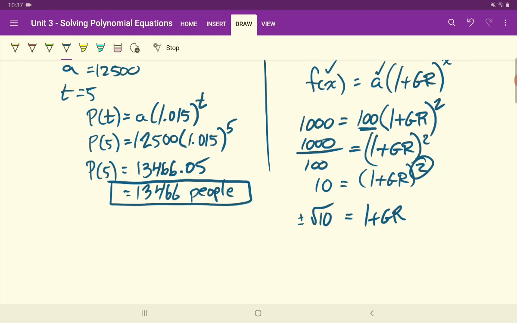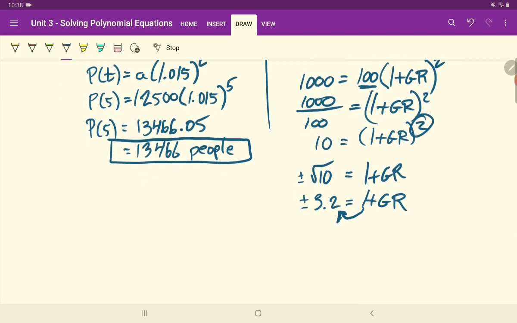So if we take the square root of 10, we should get something like plus or minus 3.2, let's round it, equals 1 plus GR. So notice we still have 1 plus GR. We have not solved for GR yet. Now, if we subtract 1, we now will get our answer.